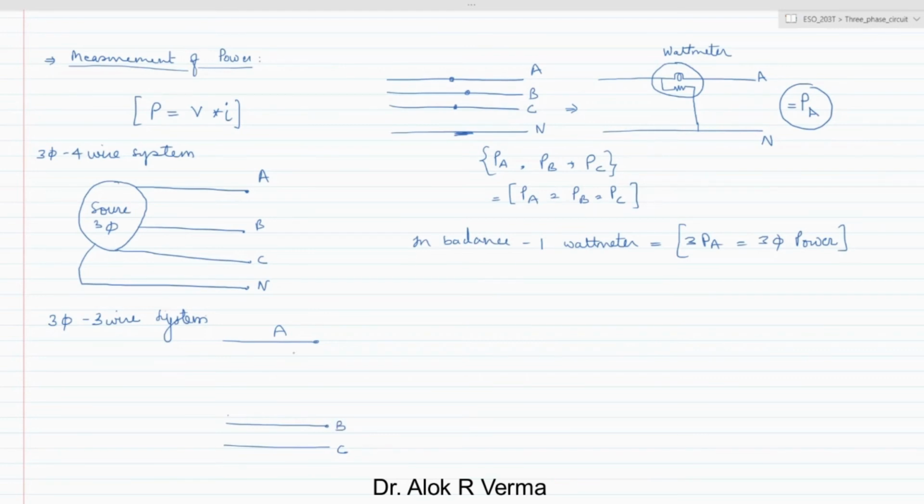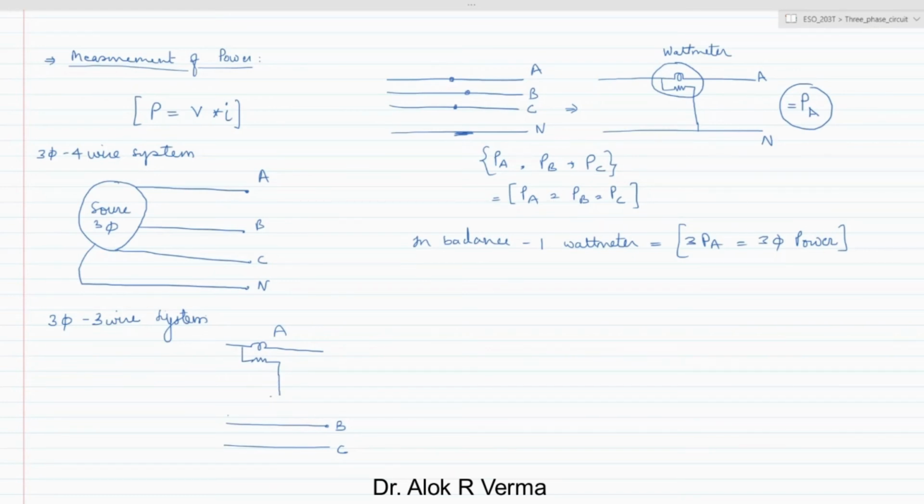Let us draw phase B a little down. Now when we try to connect the wattmeter and measure the reading with only one wattmeter for 3 phases, we will be connecting one coil here. Now where to connect this? This should go to the neutral, but there is no neutral. So what happens?